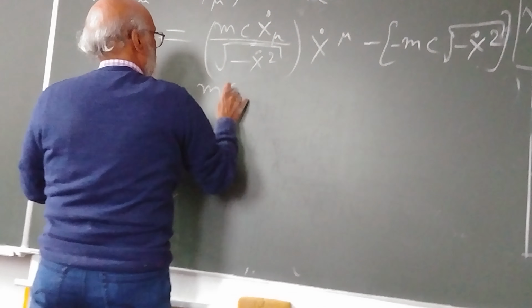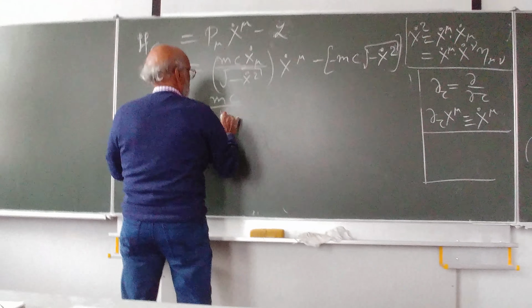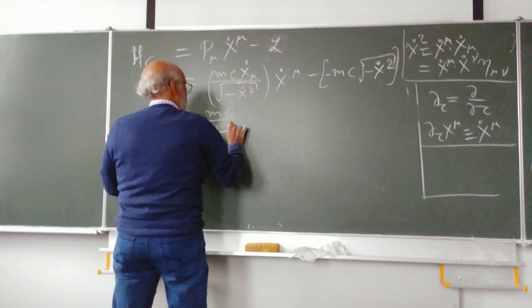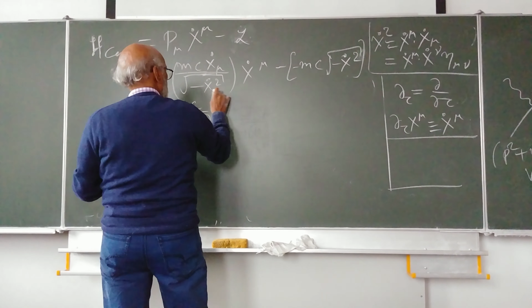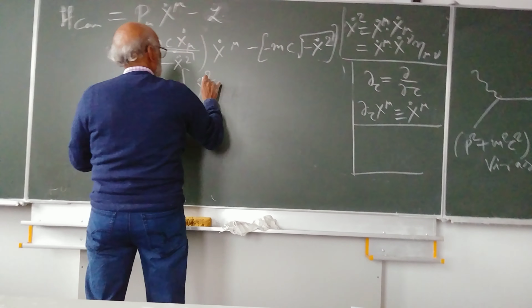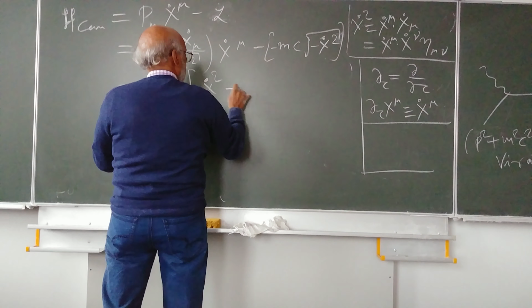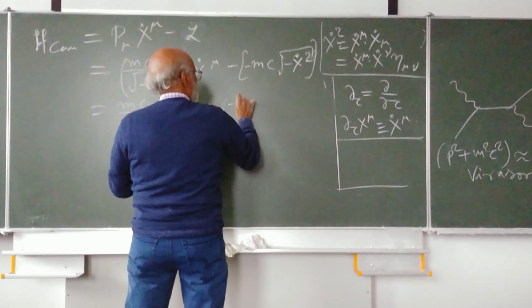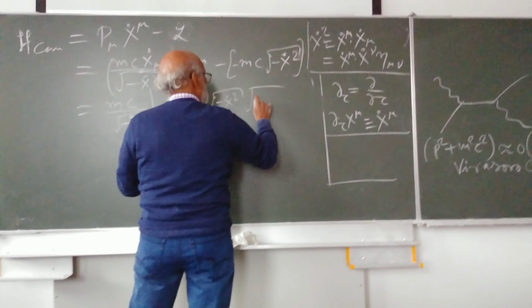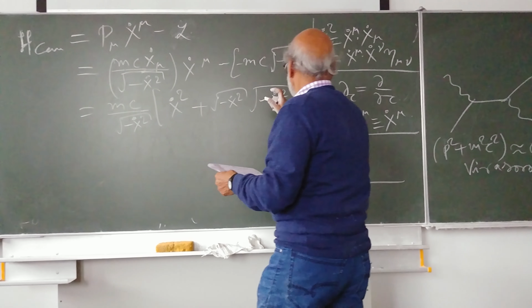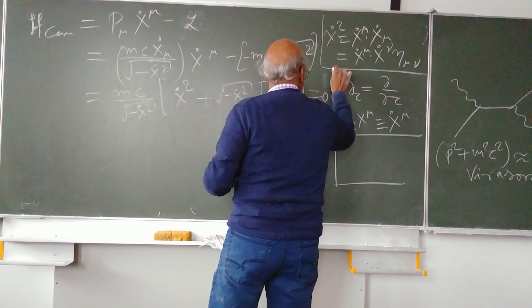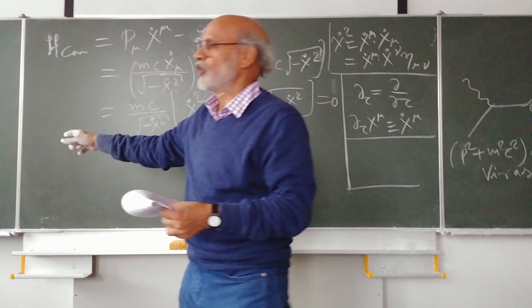So if you calculate MC by the square root of minus x square, then you have x dot square plus, and this turns out to be identically 0.